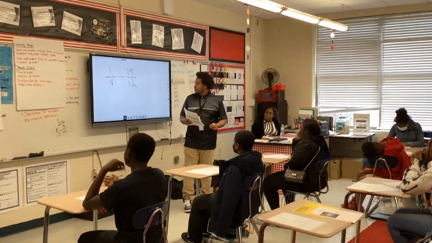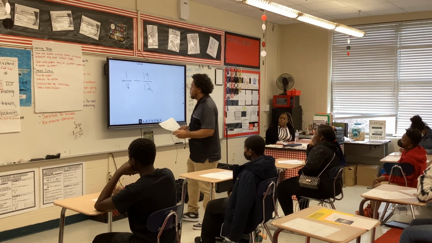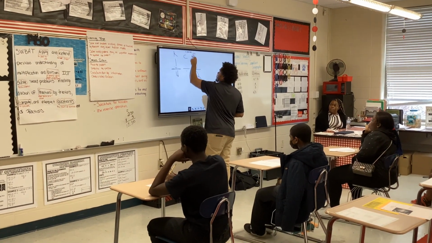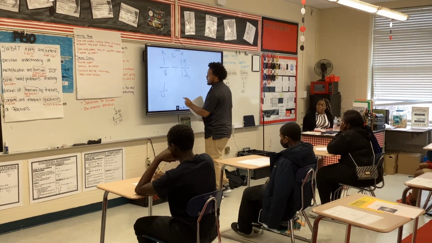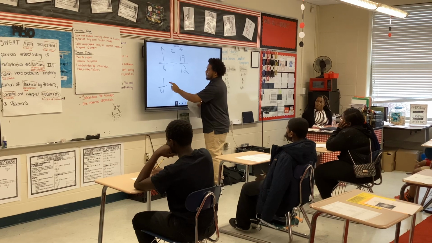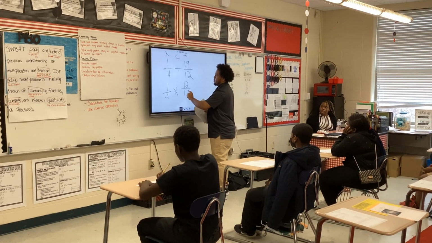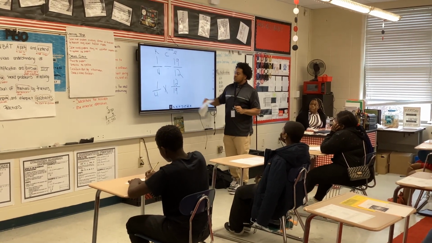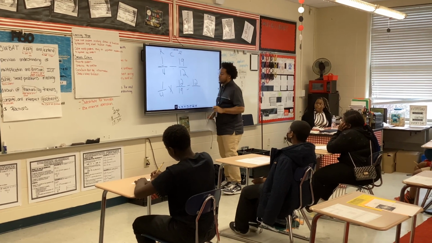Alright, so what are we doing with the first term? Keep, change, flip. 1 over 4. Change it to multiplication. Flip. 12 over 19. 1 times 12? 12. 4 times 19.